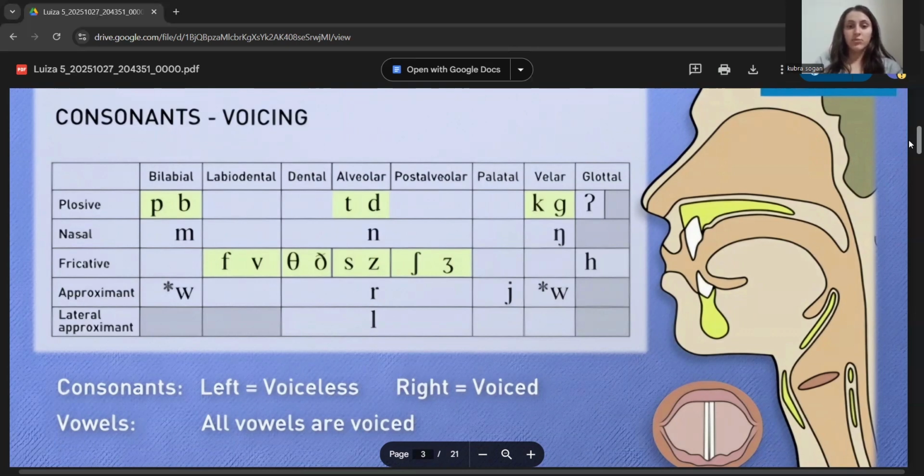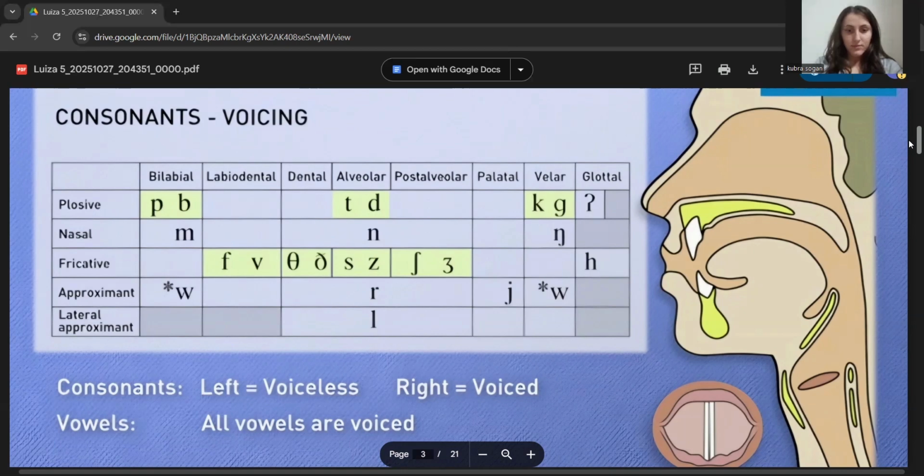When we breathe or make voiceless sounds, the vocal folds stay open, and air passes freely through. However, we can also bring the vocal folds together and make them vibrate, producing a voiced sound.